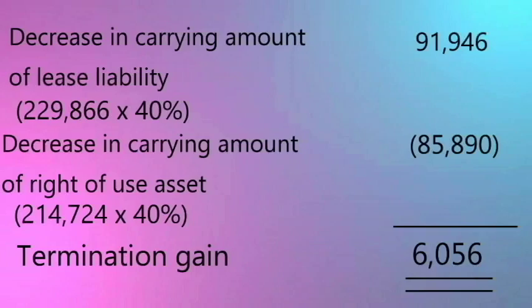So since nakuha na natin yung carrying amount of the asset noong December 31, 2021, magpaproceed na tayo sa second step, which is kukunin na natin yung termination gain or loss. So, paano ba natin kunin to? It is the difference between the decrease in carrying amount of lease liability and decrease in carrying amount of the right of use asset. So, dito, kukunin naman natin yung percent ng kung ano yung ni-reduce. So, from 800, naging 480 square meters na lang siya.